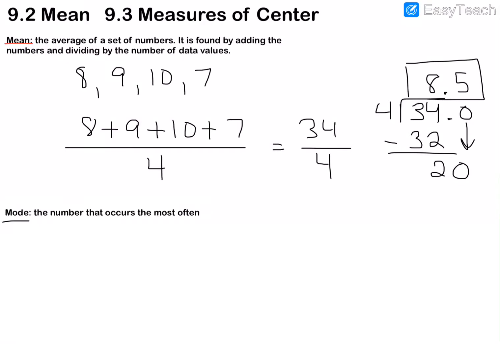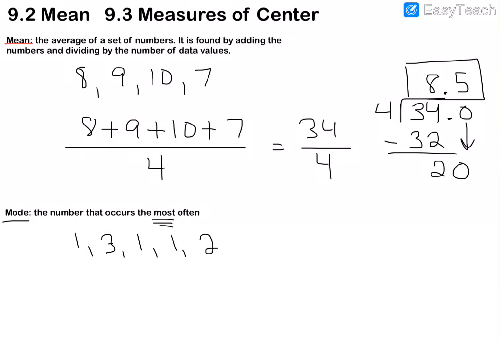Okay, the mode. The mode is the number that occurs the most often in a data set. Okay, so let's say you have 1, 3, 1, 1, and 2. Say you're talking about siblings again. You asked 5 people how many siblings they have, and you get the answer of 1, 3, 1, 1, and 2. So the mode is which one occurs most often.